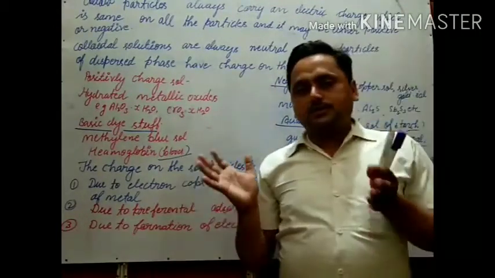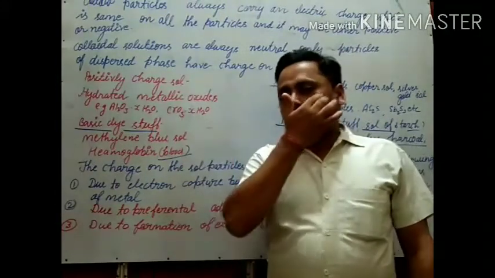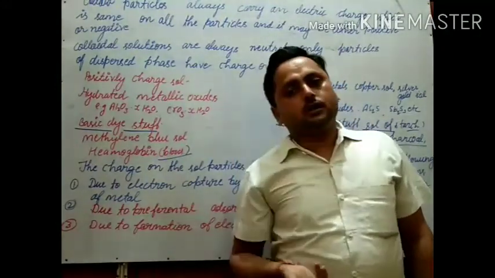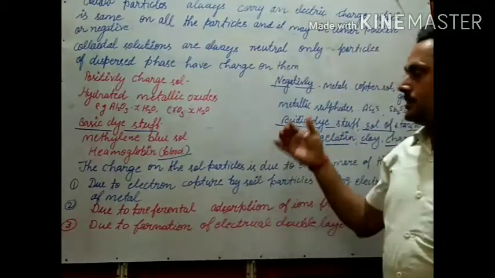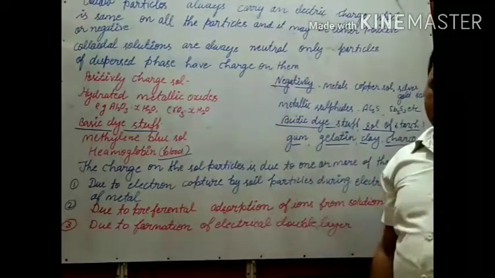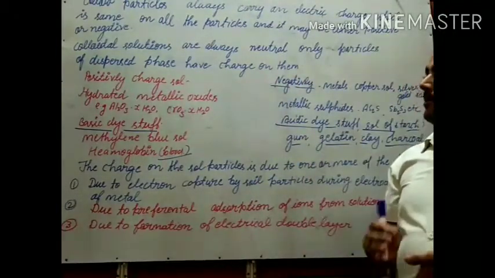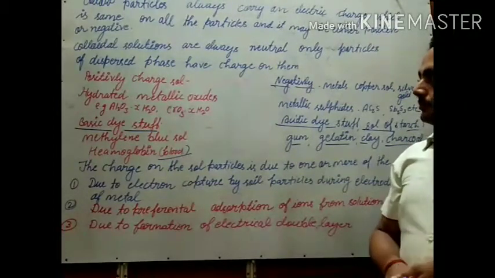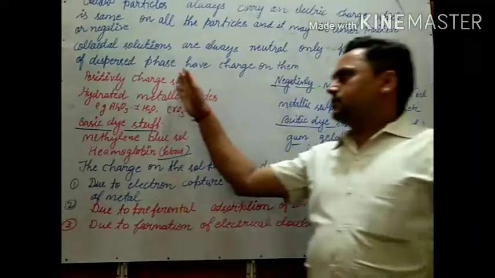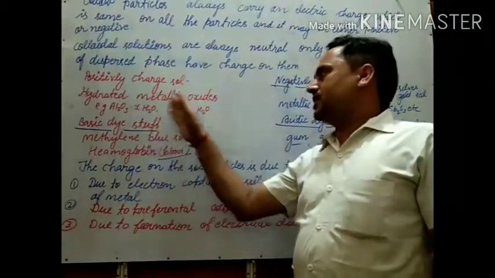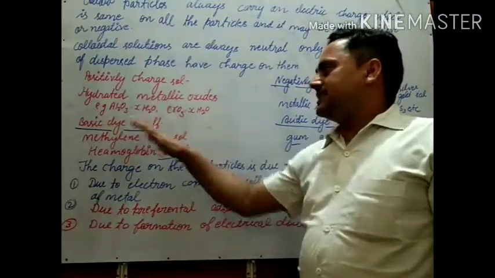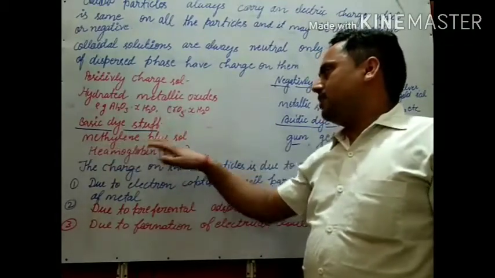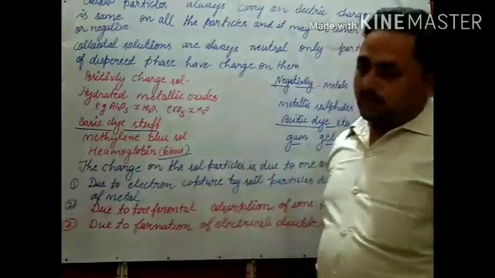We will understand how the colloidal solution is neutral at the end of this discussion. Here some positively charged colloids are hydrated metallic oxides, basic dyes, methylene blue, hemoglobin.